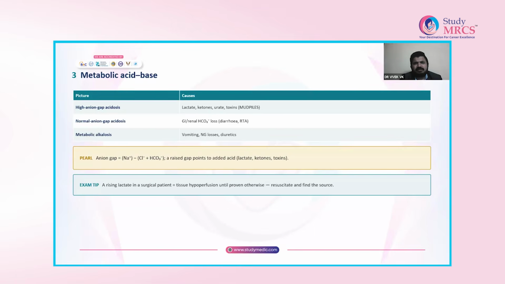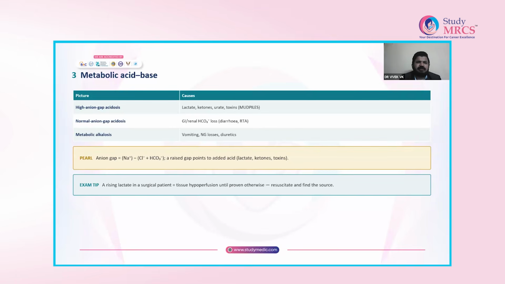So what about the metabolic alkalosis? The causes could be the vomiting, the nasogastric losses, and the diuretics. Suppose the patient is having excessive vomiting, as you all know, the gastric secretions contain hydrochloric acid, and the H plus is lost as the patient is having continuous vomiting.